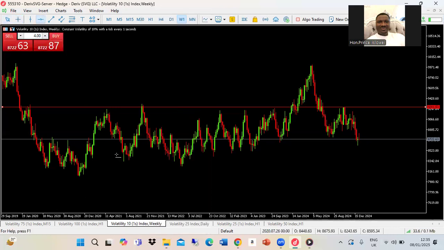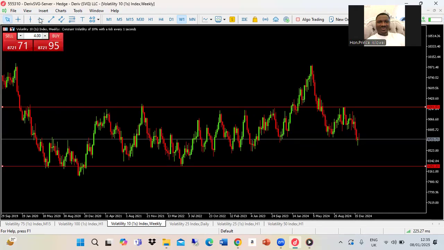All right. So this is the weekly time frame. The weekly time frame is telling us that these are the key points. I'm trying to map out key levels. So let's see.